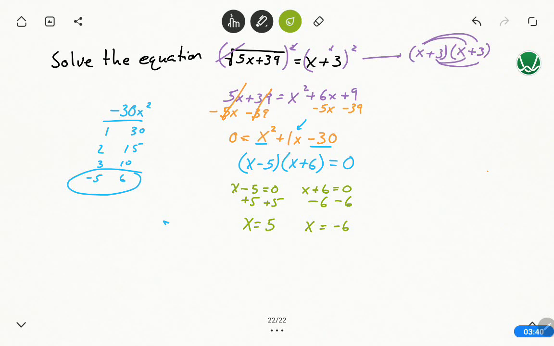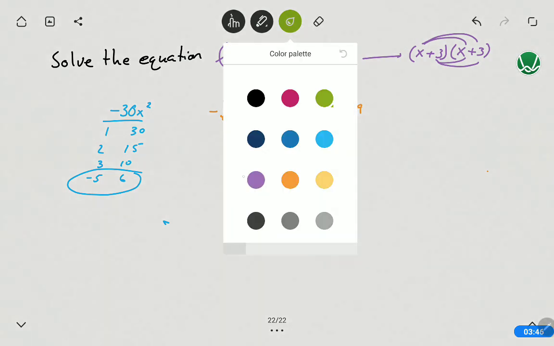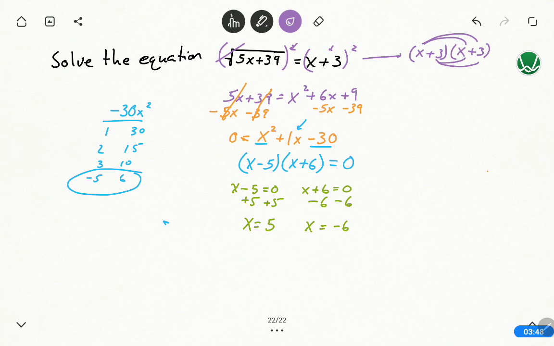Now do remember with radical equations, you want to check your solutions in one way or another. It doesn't really matter. I'm just going to check it by hand this time since they are whole numbers. So just checking our solution here by hand is the square root, checking the 5 first. 5 times 5 plus 39, is that equal to 5 plus 3?